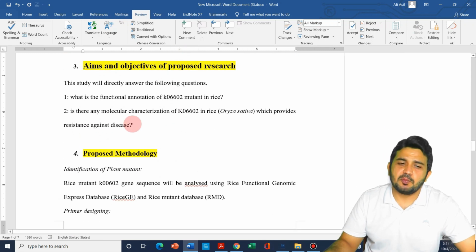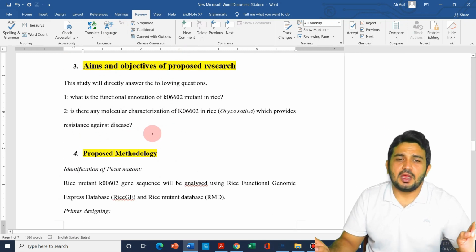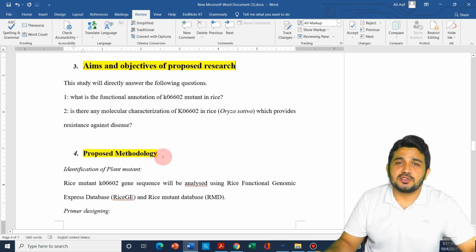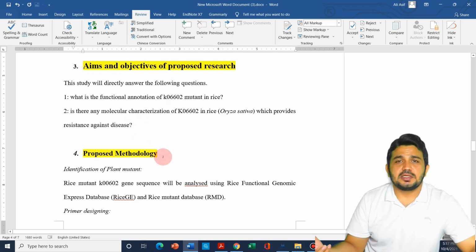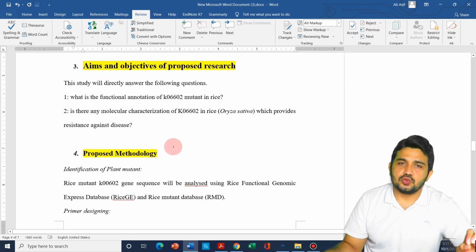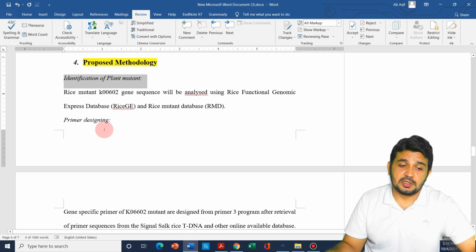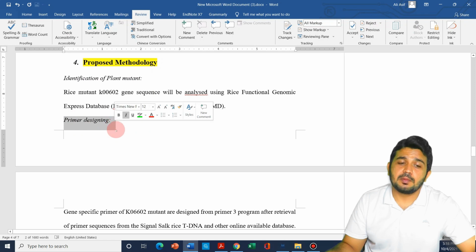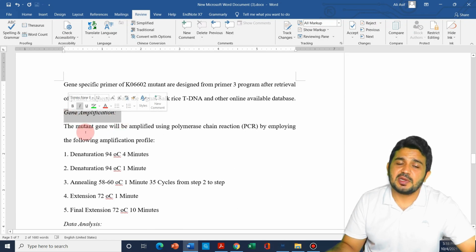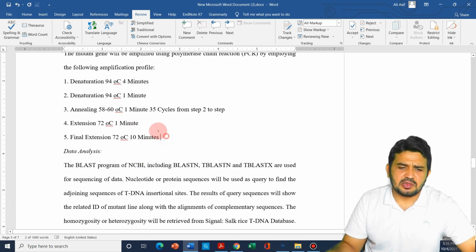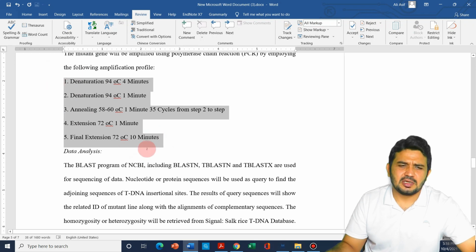The fourth important heading should be the proposed methodology, like which method and which research routine you will follow to meet your objective. The first one would be identification of the plant mutant, and next you will design primers, amplify the gene and do cloning. Although these details are not much needed, if you want you can give them.